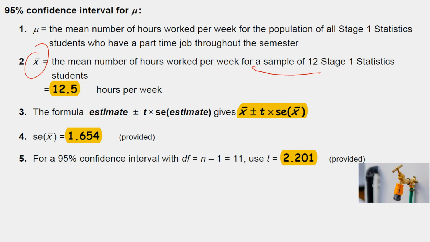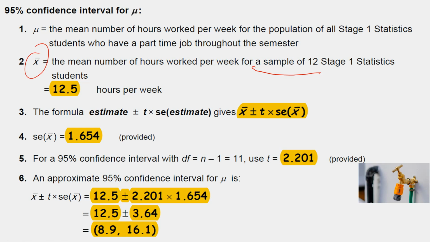Here, where we're stating our T multiplier, we're also stating our degrees of freedom, which is that n minus 1, which we can look up on our formula sheet. Step 6 is to actually do the calculations. So here we go. We're just plugging the numbers into the formula that we worked out back up here. 12.5 is our estimate, our T multiplier, and our standard error.